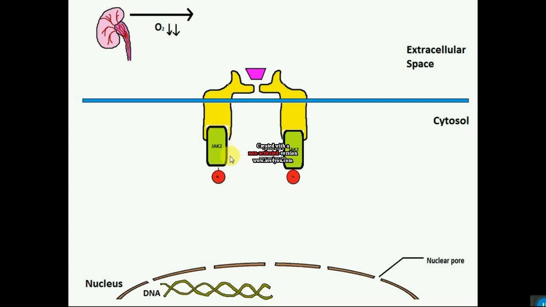Now these activated JAK2 can phosphorylate at several tyrosine residues present in each EPOR monomer.